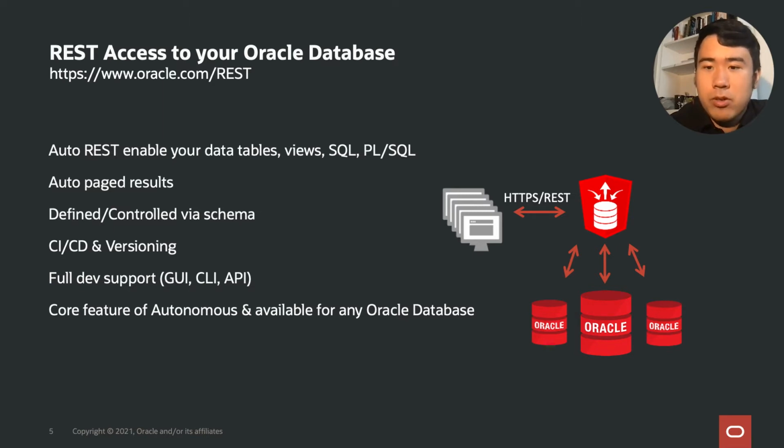The responses that ORDS provides take care of things like paging results, so you don't overwhelm your web clients with millions of rows to return on page one. So we can automatically take the output of your stored procedures and wrap it in a JSON document, and provide a proper HTTP response, so you get the right status code and all the links you would expect.